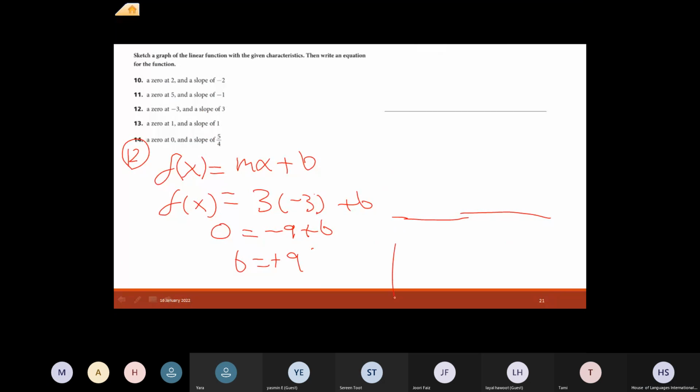Here. 3x plus 12. That's it. Is it clear?